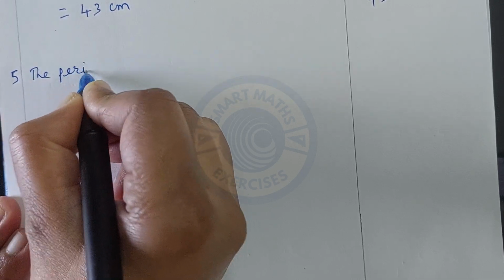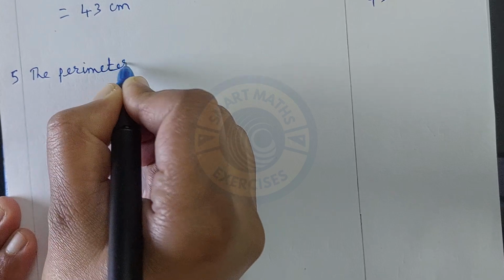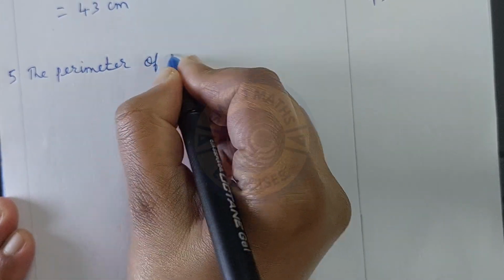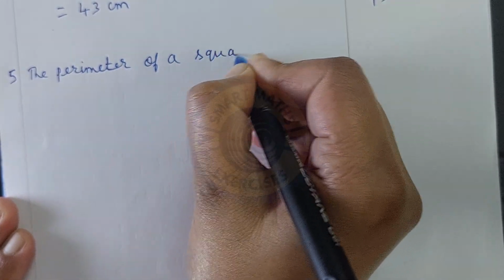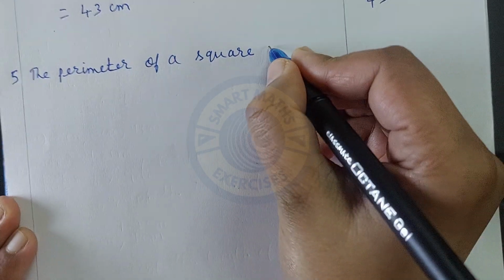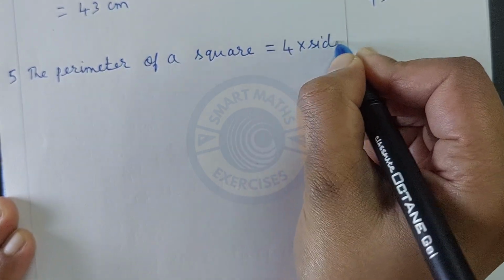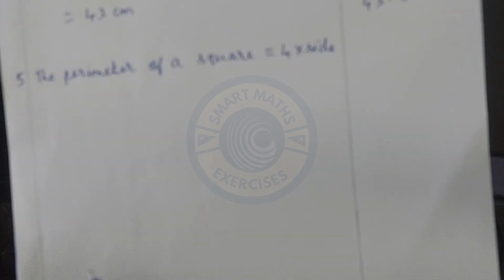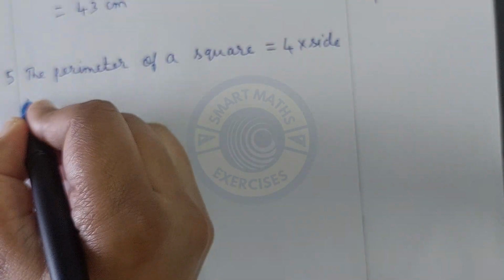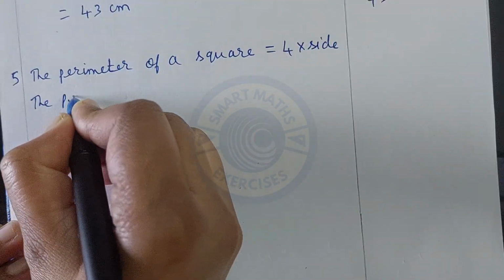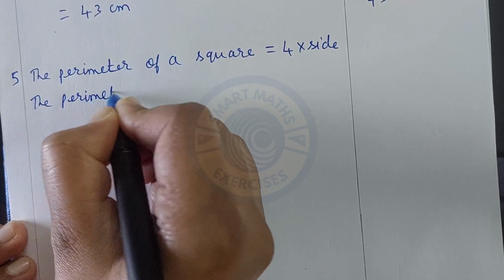The perimeter of a square is 4 into side.